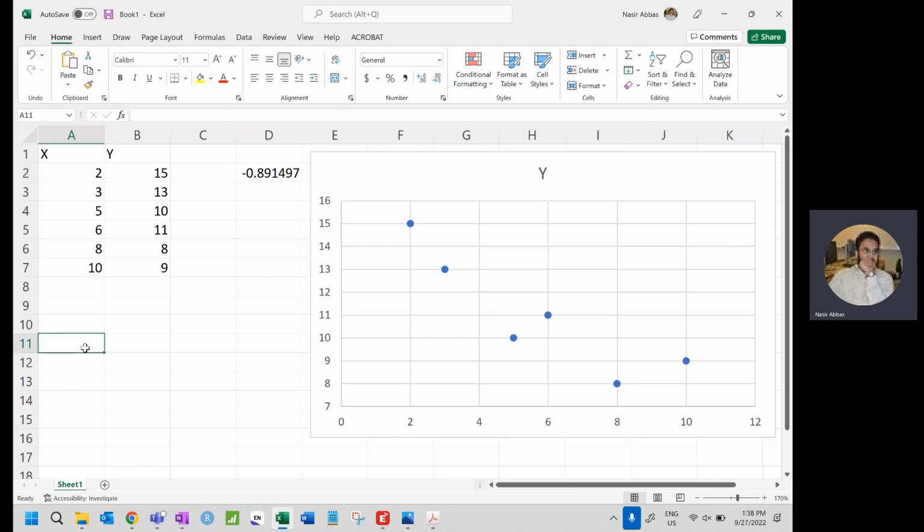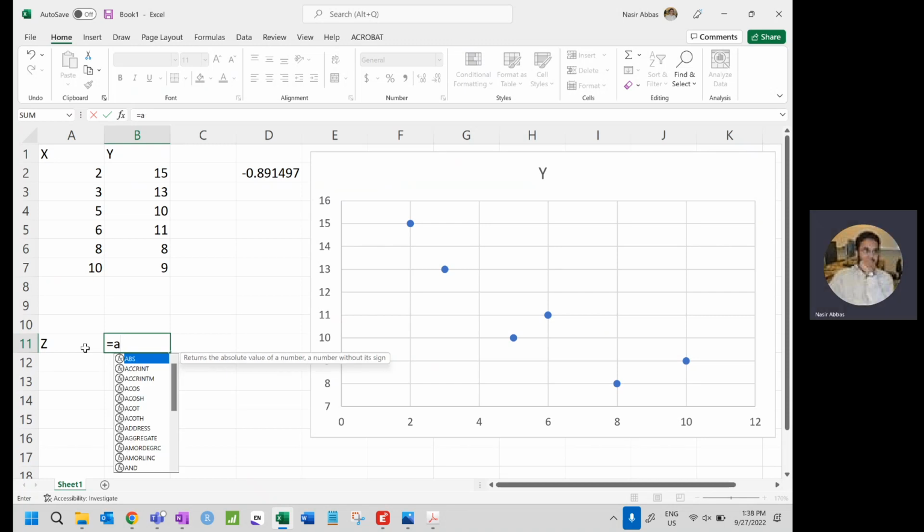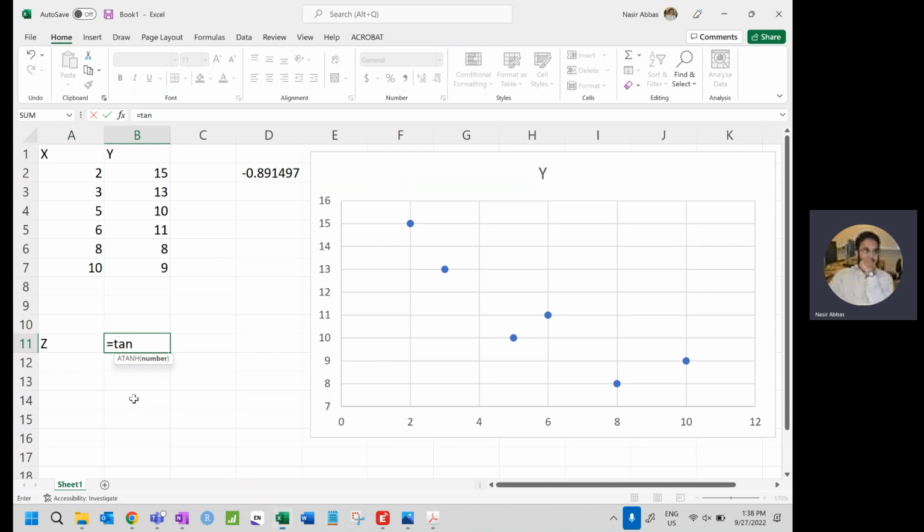So my z statistic will be, let me try to recall, what is tangent hyperbolic? Here it is. This is the command, ATANH.